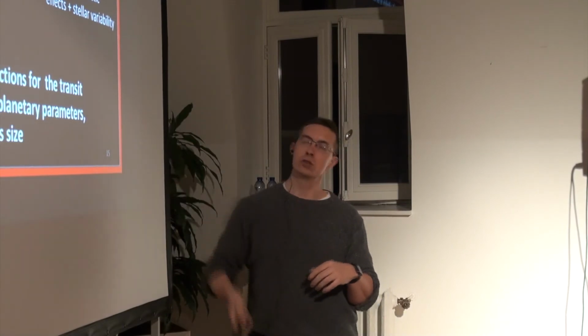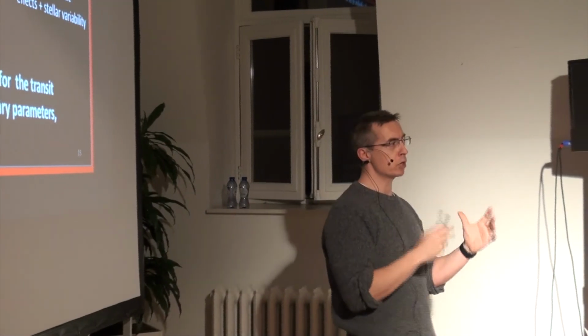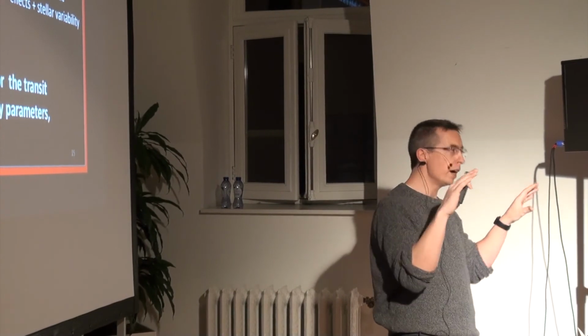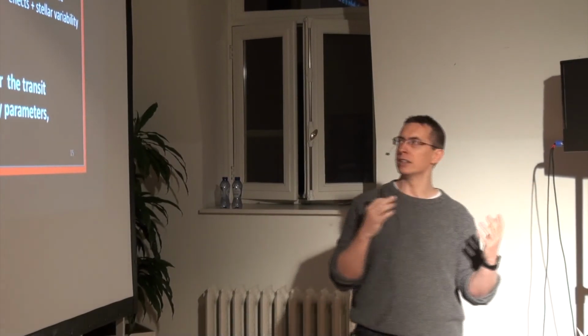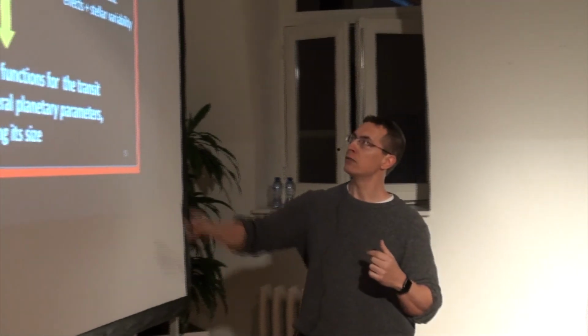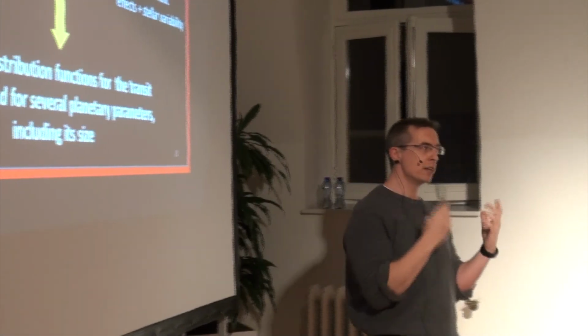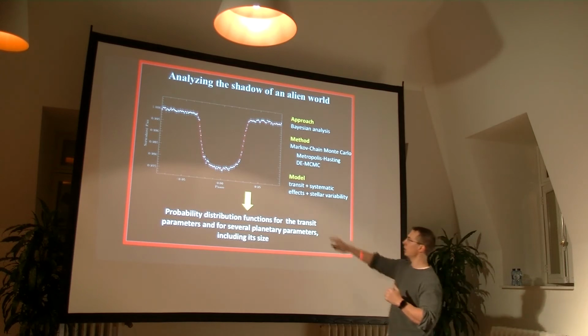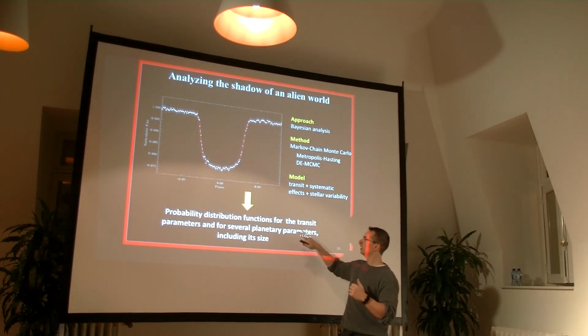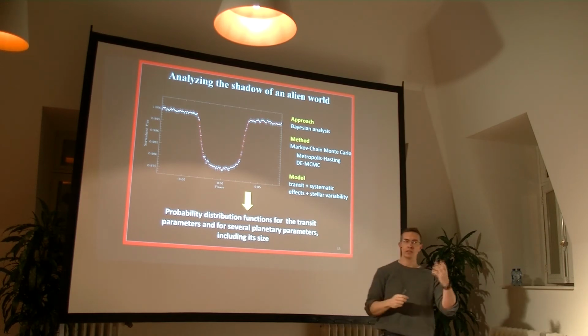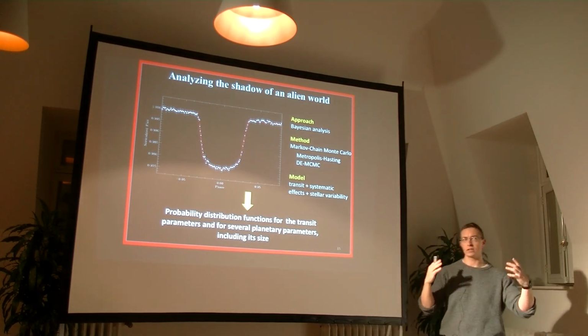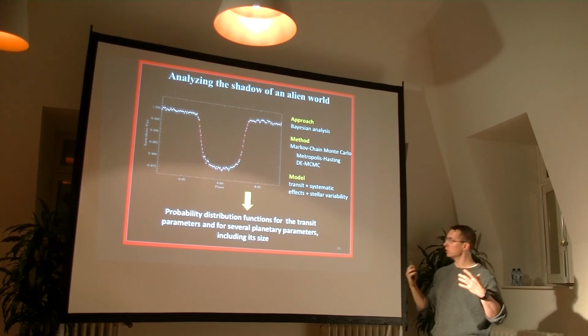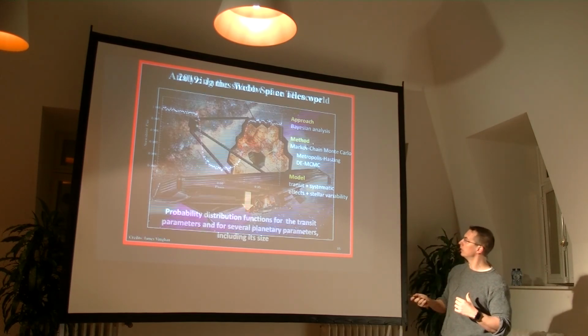Our models also include the variability of the star, because the star is not completely quiet. You have some effects from the star itself, not from the planets. You also have systematic effects, because in real data, of course, you have systematic effects. And at the end, we get the parameters of our planet. The most interesting one in this analysis will be the radius, because the signal is really proportional to the size of the planet. The bigger the planet, the bigger the drop of brightness.